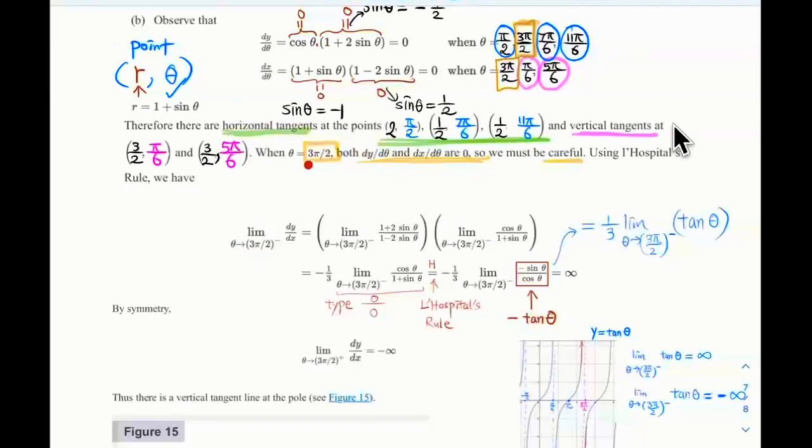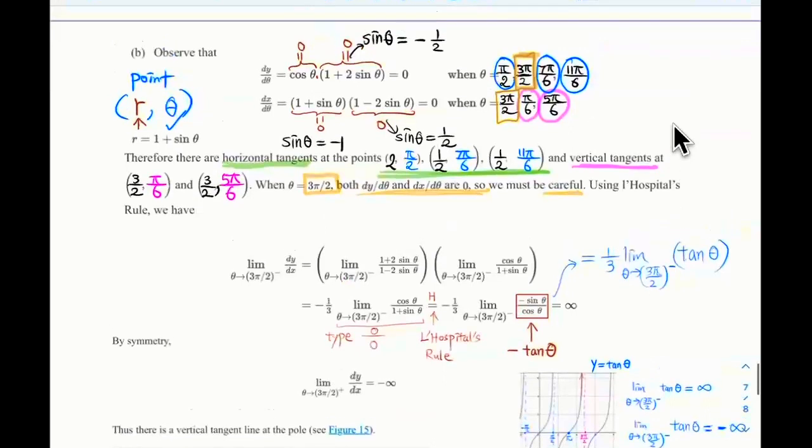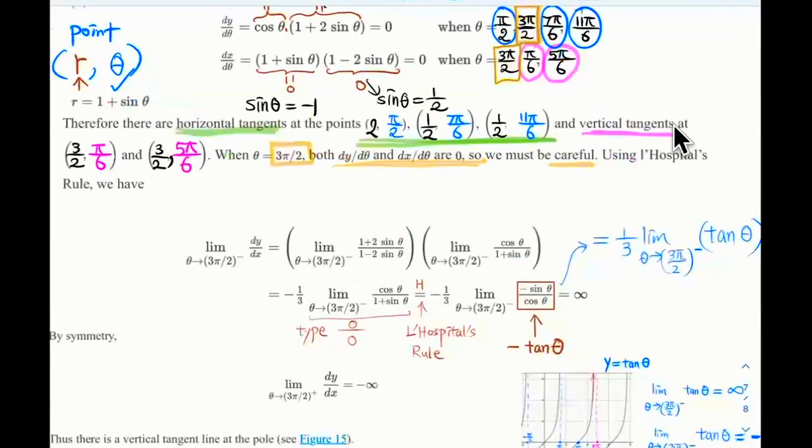So when theta approaches 3 pi over 2 from the left, you take the limit of dy/dx. We know that dy/dx is equal to this times this. You break it into the limit of this times the limit of this. Why do I want to do this?